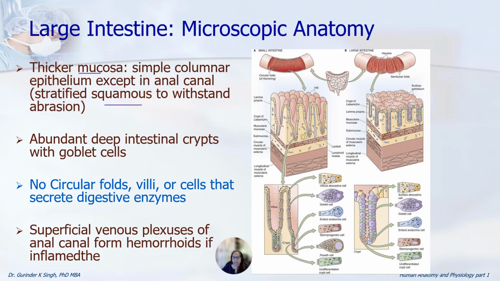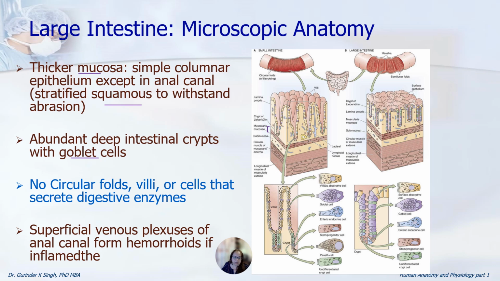There are lots and lots of crypts, which dip into the lamina propria. They contain lots of goblet cells, so they can produce mucin as the food travels through the intestine, which gives it less friction.